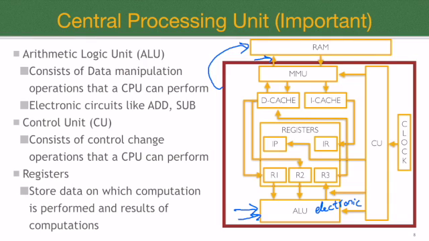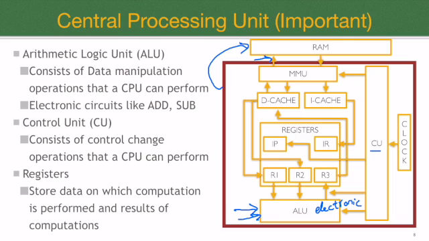The second significant component of our CPU is the control unit. The control unit consists of control change operations that a CPU can perform. One of the control change operations is to actually change the order of operation of instructions. We will see this in the subsequent slides, but one of the operations that the control unit performs is to change the order in which the instructions are executed.